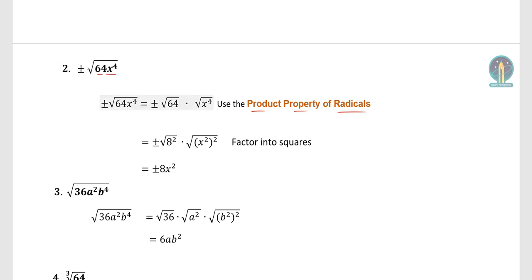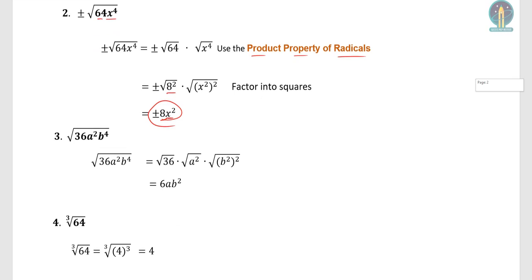So the square root of 64 times the square root of x to the fourth. 64 is essentially 8 squared, so taking the square root of 8 squared, we get 8. And x to the fourth is essentially x squared squared, so taking the square root of x squared squared gives us just x squared. So this is the final result, plus or minus 8x squared.